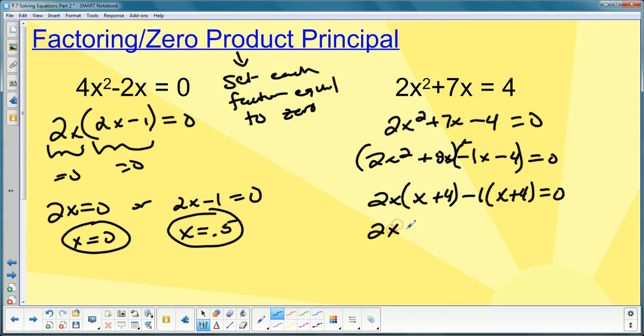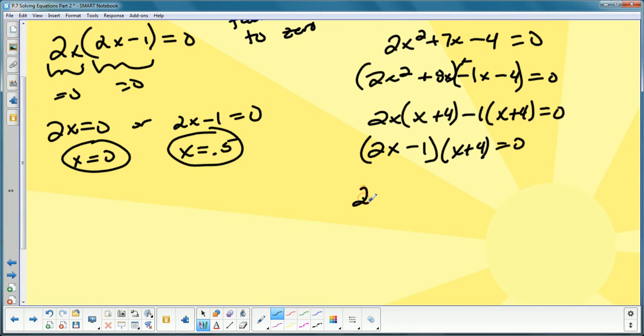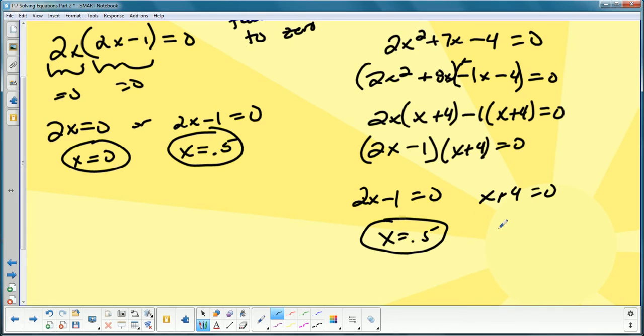So I end up with 2x minus 1 and x plus 4 equals 0. Now I do my zero product property: 2x minus 1 equals 0 or x plus 4 equals 0. Adding 1 to both sides and dividing by 2, I get x equals 0.5 again, or subtracting 4 from both sides, I get x equals negative 4.